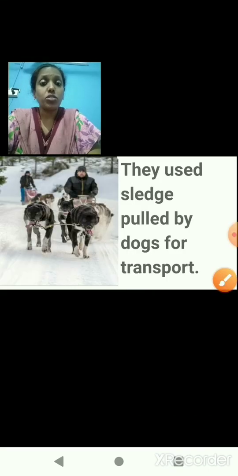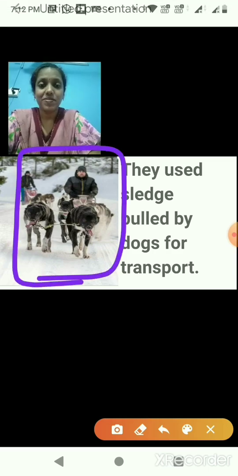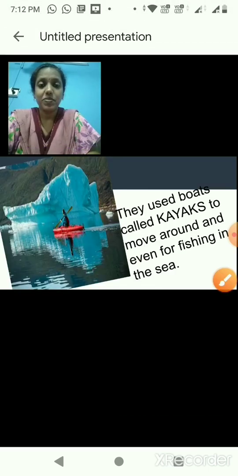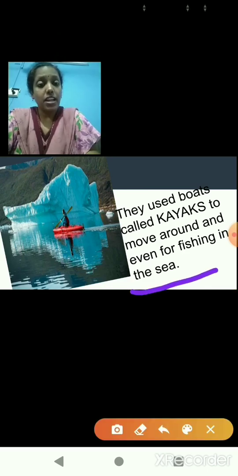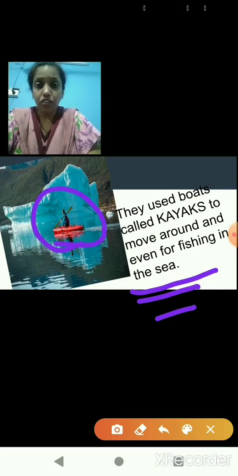They used a sledge pulled by dogs for transport. See here children in the image. They even use boats called kayaks to move around, and they also use boats for fishing in the sea. See, this kind of boats they use, which are called kayaks.